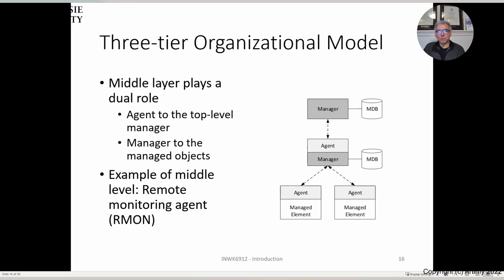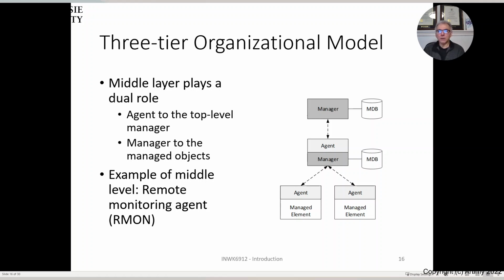If the network becomes bigger, a single manager may not be efficient or possible to manage a large network. So now what we need to do is to move on to a three-tier organizational model.